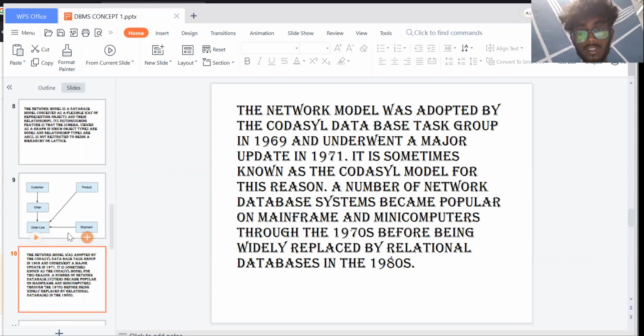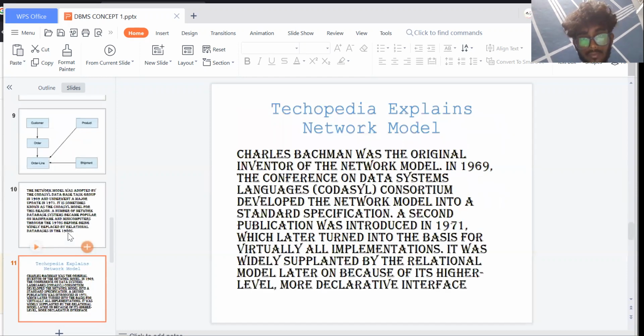The network model was adopted by the CODASYL database task group in 1969 and they underwent a major update in 1971. It is sometimes known as the CODASYL model for this reason. A number of network database systems became popular on mainframe and minicomputers through the 1970s before being widely replaced by relational databases in the 1980s.